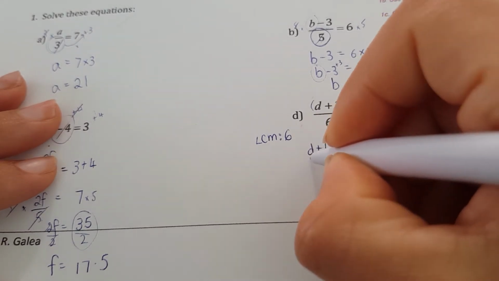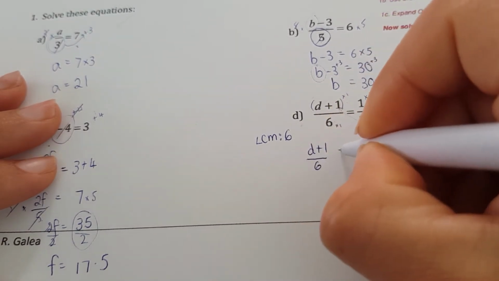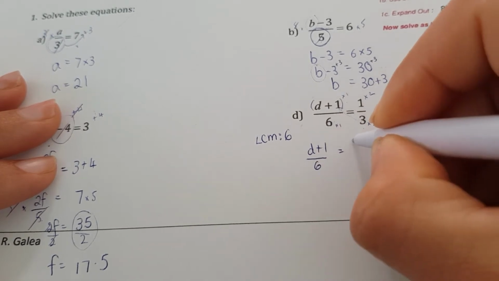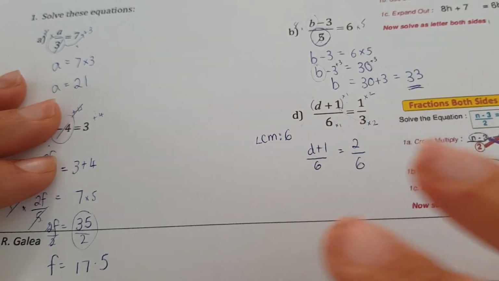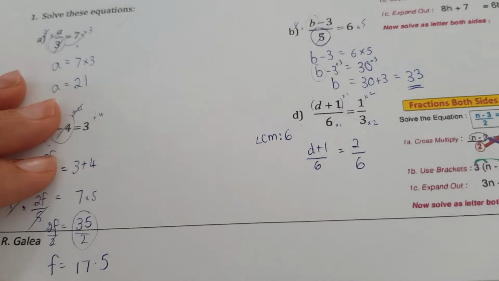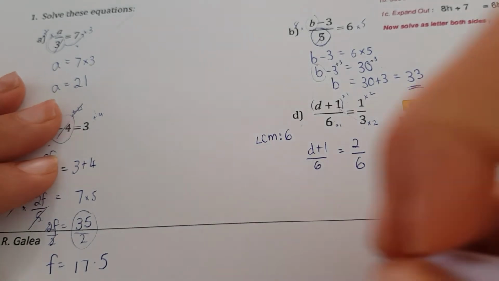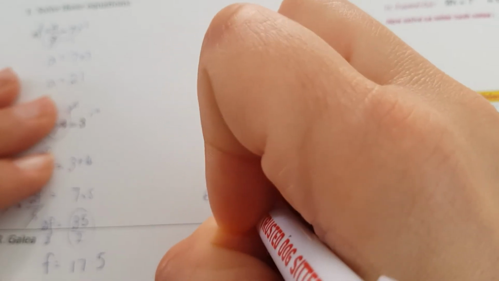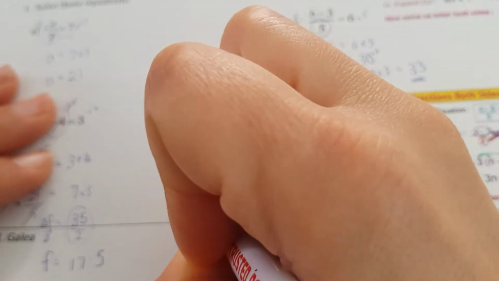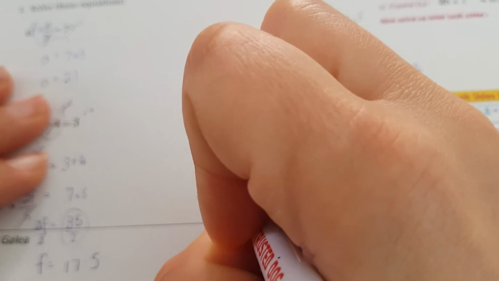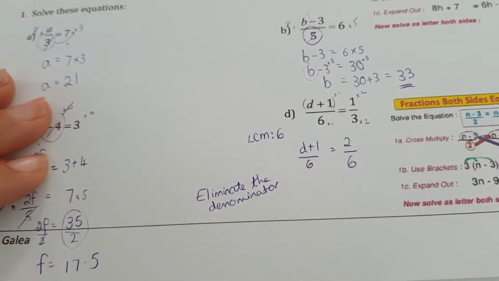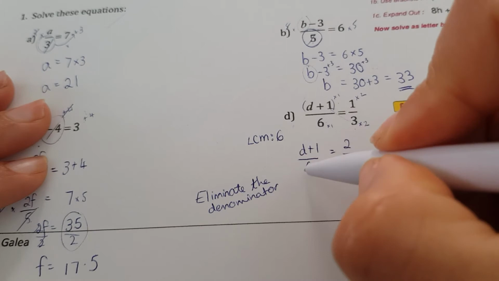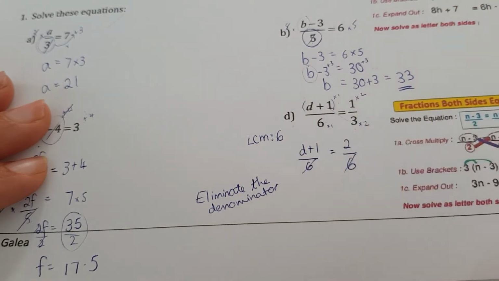So basically, this remains the same: D plus 1 on 6. And this becomes 2 on 6. Now, once the denominator is the same, we eliminate the denominator because it is the same on both sides.